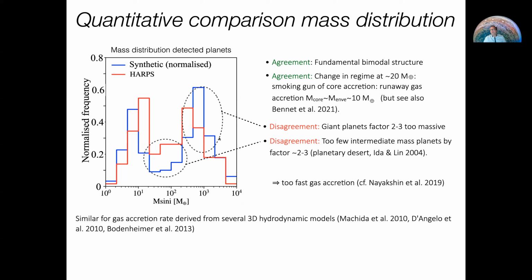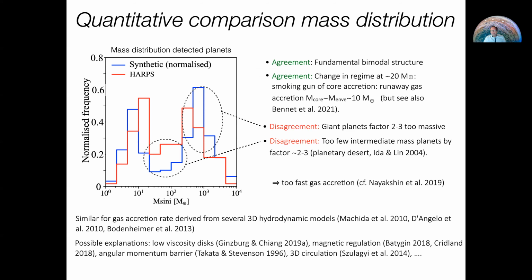You just get these results, but you don't know where they lead to or what they mean as a prediction. And here we see that for all these hydrodynamic models, we get a similar result of too massive planets. And this could mean that there should be other physical explanations, that these models are in principle right, but that other assumptions are maybe not fulfilled.